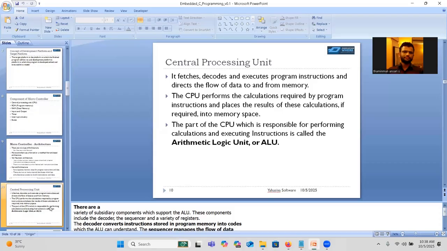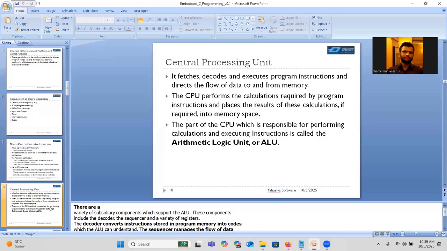In Harvard architecture, these operations of fetching, decoding, and executing are taken care of by the CPU, the central processing unit. This unit will take care that each programming instruction is fetched, decoded, and executed. The central processing unit also has a separate unit for mathematical and logical calculation called the ALU, arithmetic and logic unit.